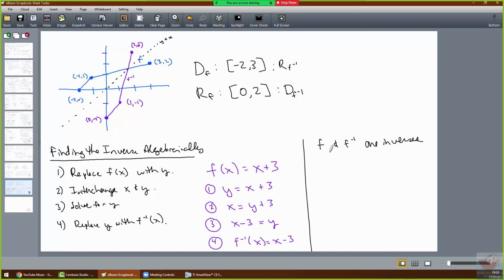But these 2 functions are inverses if the following are true. F composed with f inverse of x gives you x, and f inverse of f of x gives you back x. This is the very streamlined definition because we're short on time.